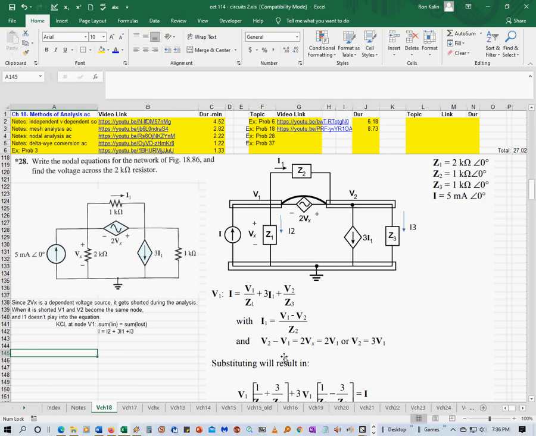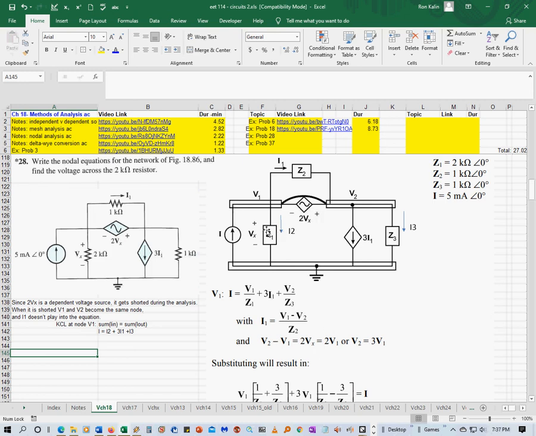Then you have to substitute back in V2 minus V1, which is equal to 2Vx, because you're taking the voltage at this point and subtracting the voltage at this point because of the polarity. You start at the plus side.